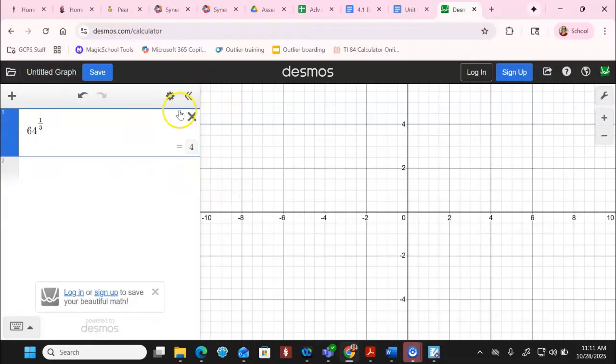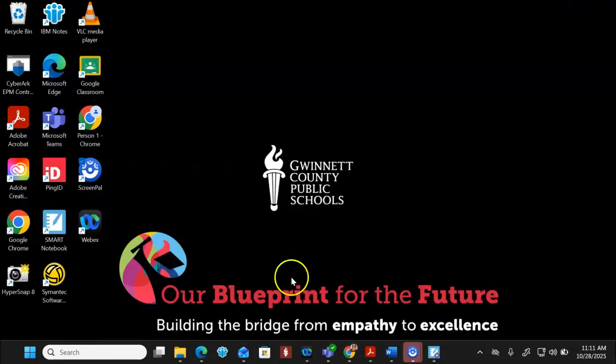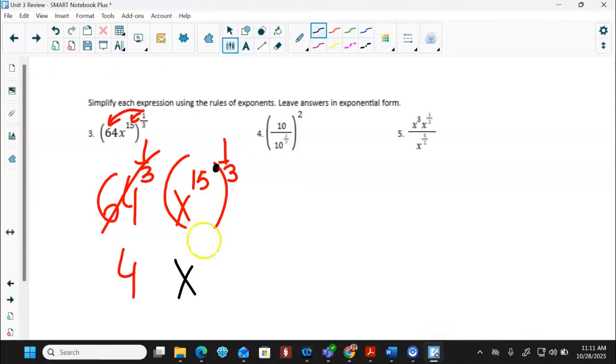This is not 15 raised to 1/3. Not like that. It's 15 times 1/3, times 1 divided by 3. Okay? So that's 5. All right? So once again, this is to a 5th power, and that's your final answer.